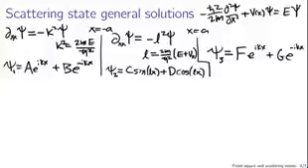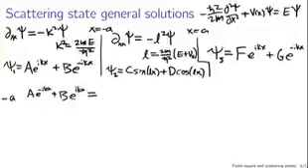But considering the boundary at x equals minus a, ensuring that the boundary condition holds means meshing the value of this wave function at minus a and the value of this wave function at minus a. So let's go ahead and plug that in. Our boundary condition at minus a here is going to give us a e to the minus ika plus b e to the ika, since I'm substituting in minus a for x.